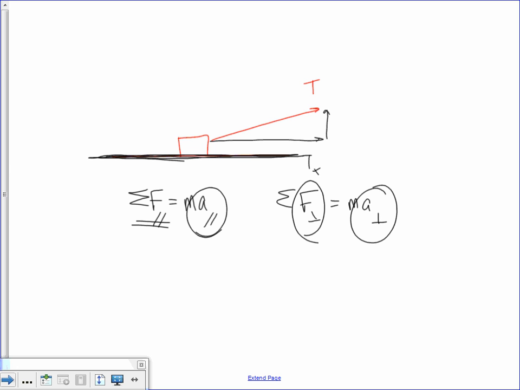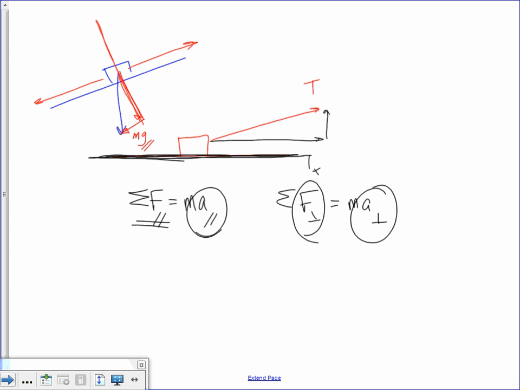And that's the whole reason that, when we get into this case, we break mg into components that look like this. Well, because this component is parallel to the direction this thing might accelerate, and this component is perpendicular to it.